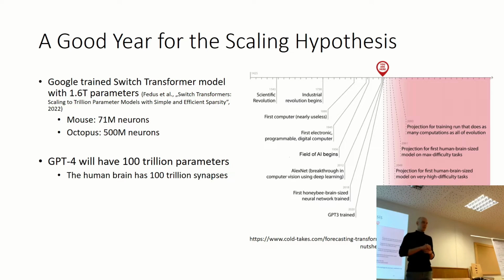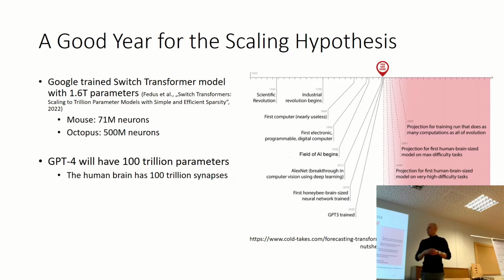Konstantin also talked about this on the first day of this retreat, that essentially, if you remember the Bio Anchors post, maybe sort of a way that, okay, we can extrapolate how future AI progress looks like by looking at how big the model sizes are and how big biological analogs are. So a mouse, for example, has 71 million neurons, an octopus has 500 million neurons, so we are roughly around that size sort of already if you convert model parameters to neurons.